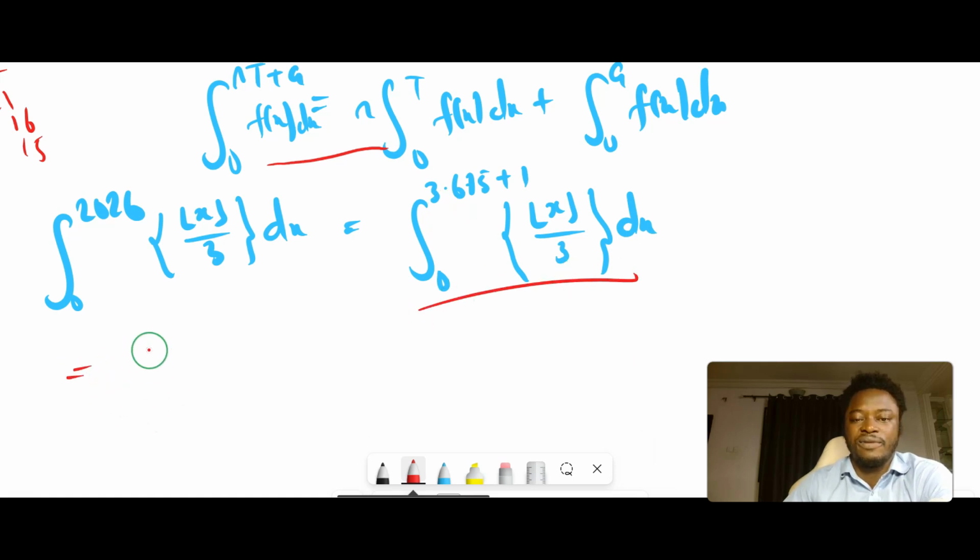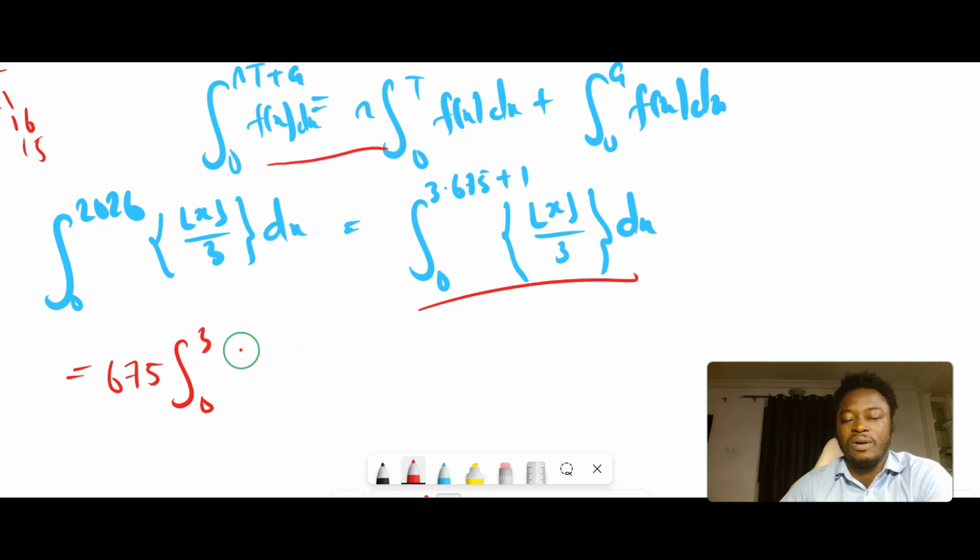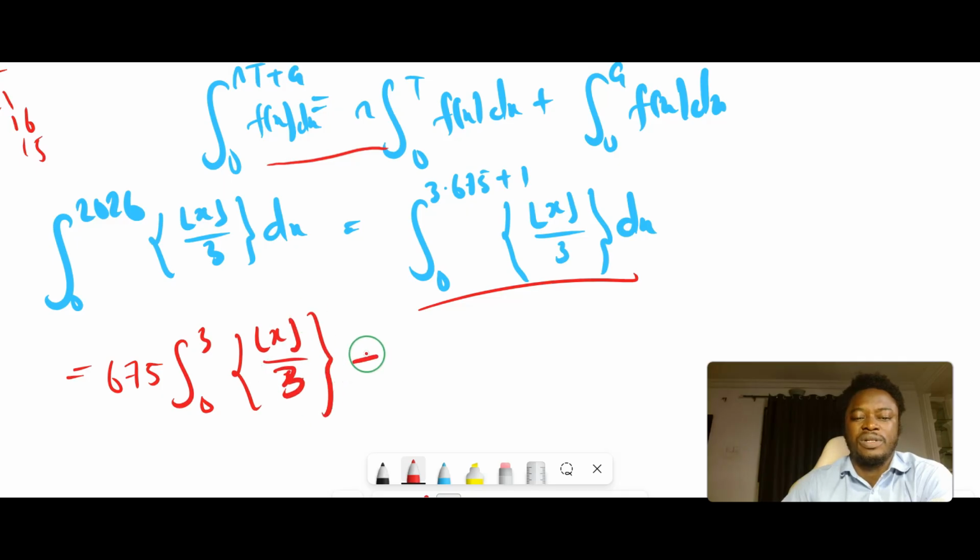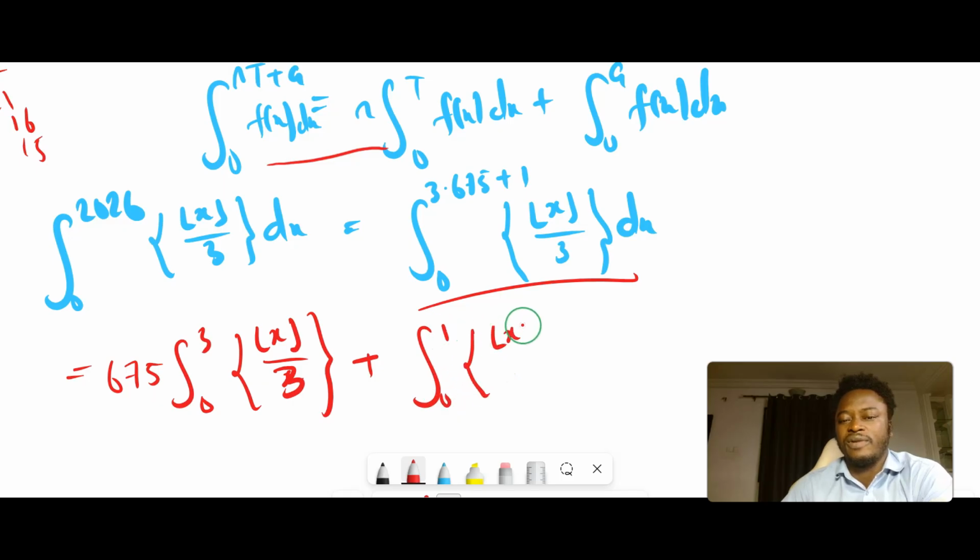You would have, n is the period, which is 3, so you have 675 times the integral from 0 to 3 of the fractional part of the floor of x, all divided by 3, then plus the integral from 0 to 1 of the fractional part of the floor of x, all divided by 3 dx.